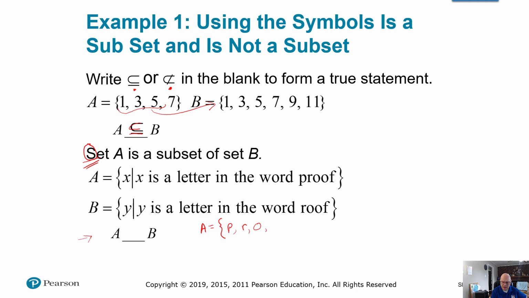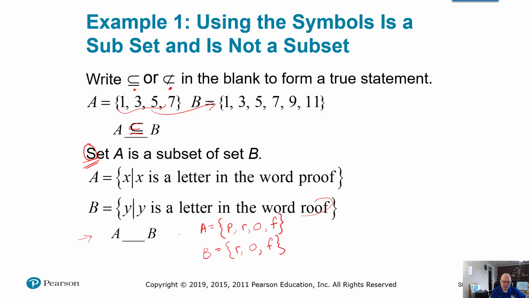And we have F. So it's got 4 different letters. They have to be different, or we're not going to waste our time rewriting them. So what does B look like? Well, B contains an R, contains an O, contains a second O, but we don't care about that for sets, and it contains F.